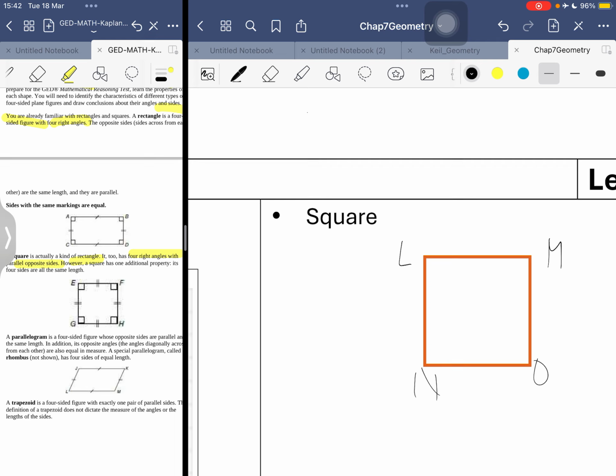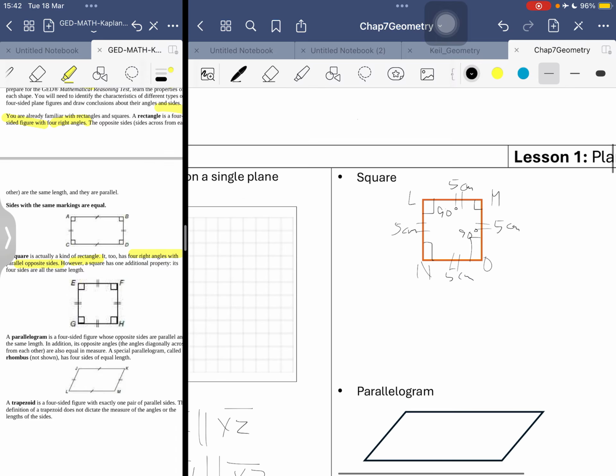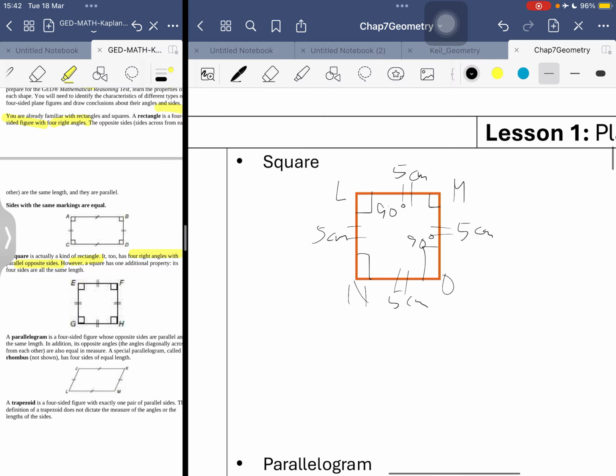For example, if this is 5 centimeters, this is also 5 centimeters, and this is also 5 centimeters. All sides are equal, and it also has a 90-degree angle on all of its corners. So square and rectangle are the same, but in a square all sides are equal.